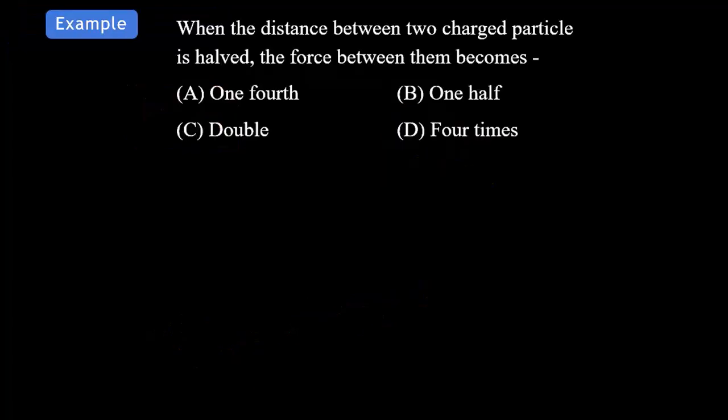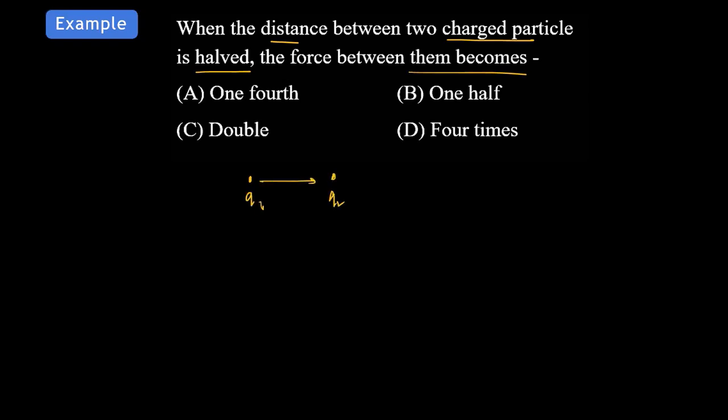Now, when the distance between the two charged particles is halved, the force between them changes. Initially, let us say these are the charged particles Q1 and Q2, and the separation is R. Initially the force is F equals K Q1 Q2 by R square. Now the distance becomes half, that means the distance becomes R by 2.